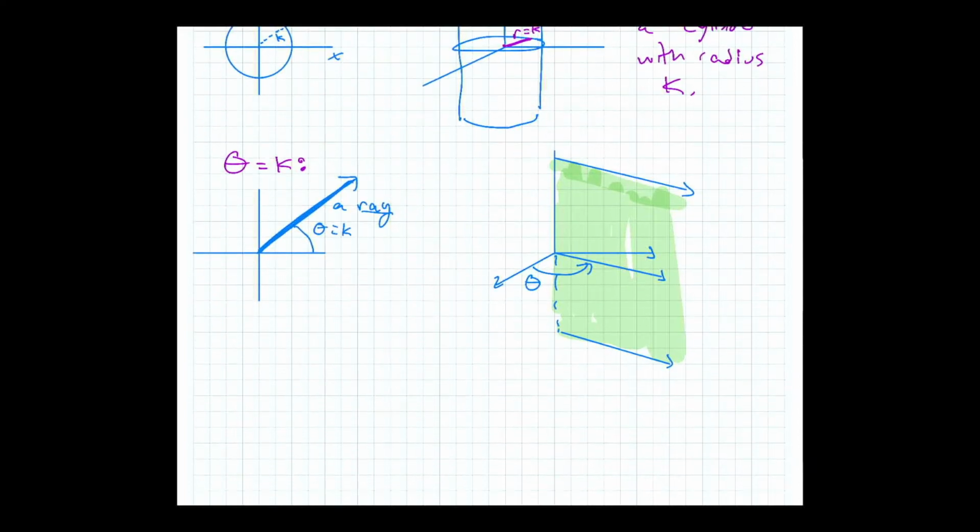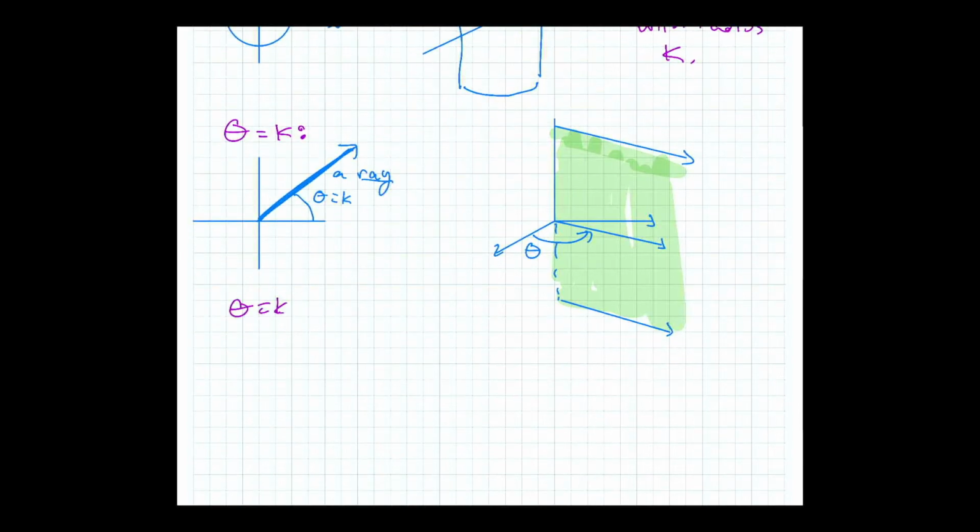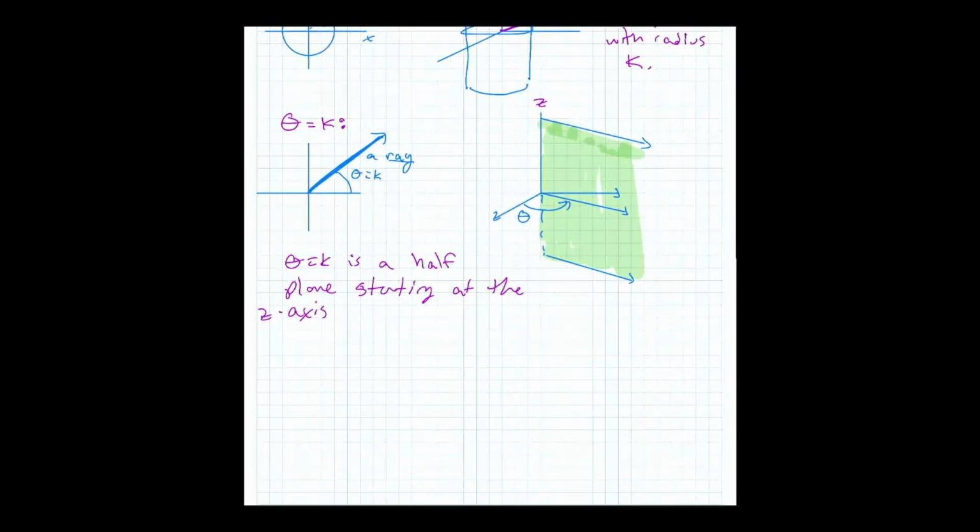So it's a half plane starting at the z-axis. This is the z-axis, and then it heads off in one particular direction like we drew.